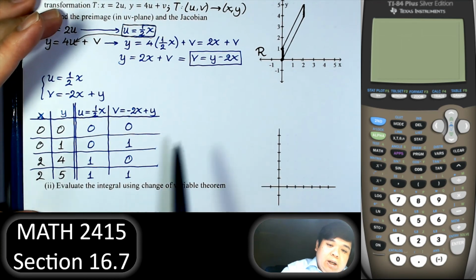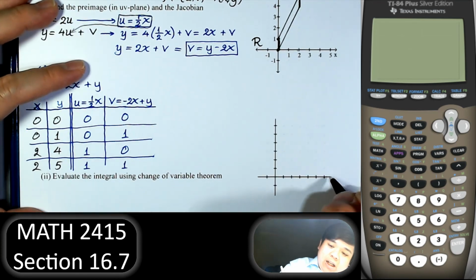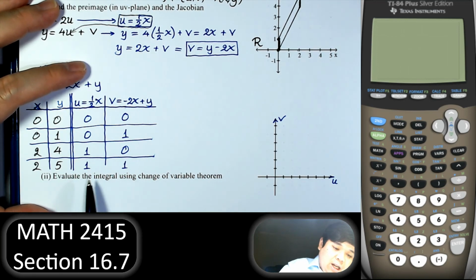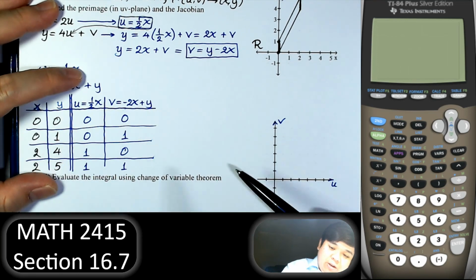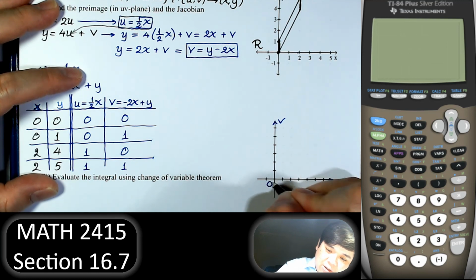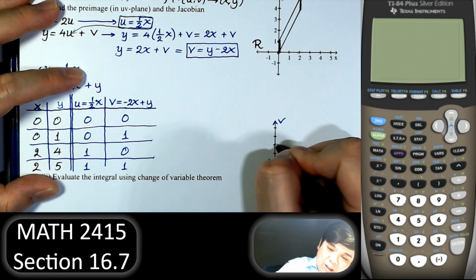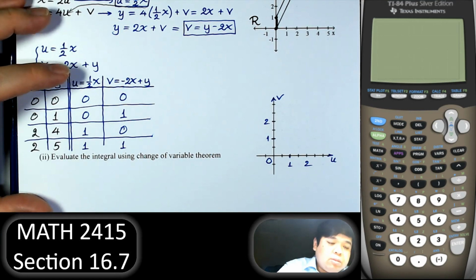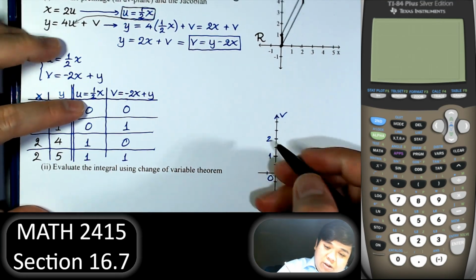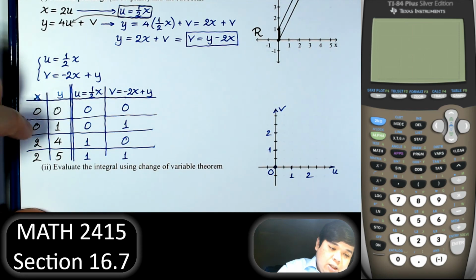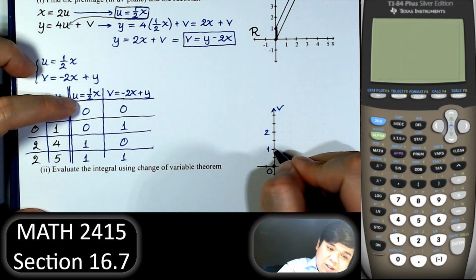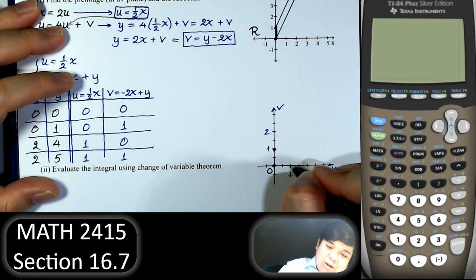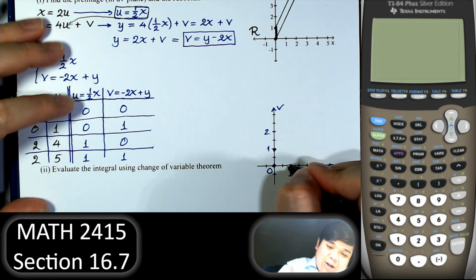So from the xy here, we have uv: 0, 0, 0 and 1, 1 and 0, and 1 and 1.